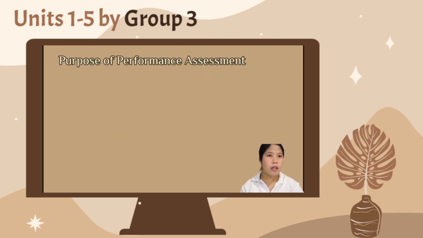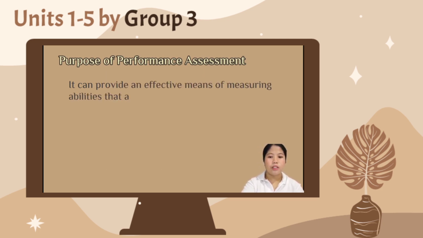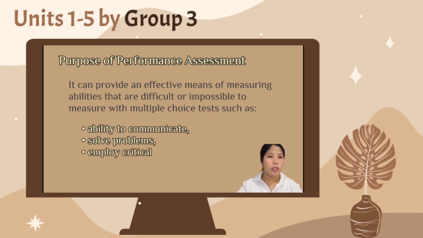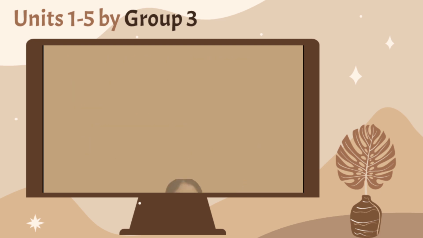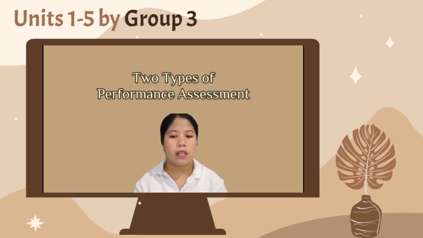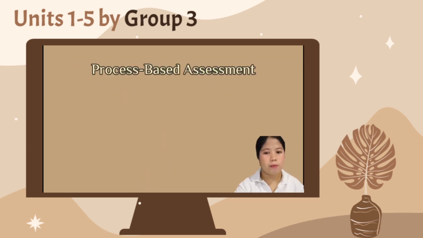Now, for the purpose of the performance assessment, it can provide an effective means of measuring abilities that are difficult or impossible to measure with multiple choice tests, such as ability to communicate, solve problems, and employ critical thinking skills. Now, there are two types of performance assessments. The first one is the process-based.